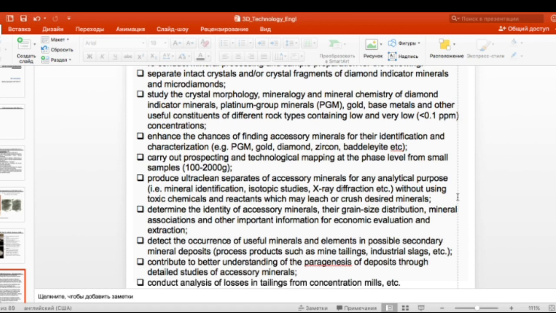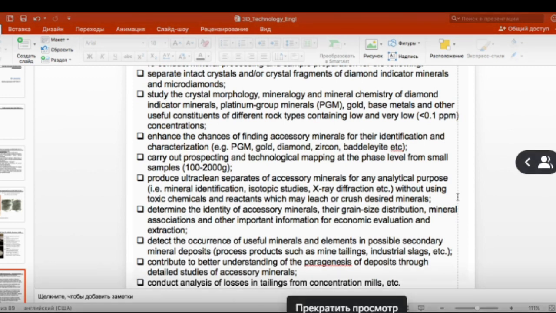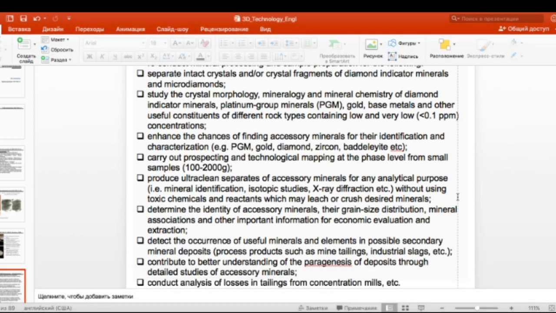So if you extract all heavy minerals, definitely there will be new phases all the time. To make them new minerals, you need not just mineral identification, you need to make a lot of other research, like X-ray diffraction data, like physical properties.